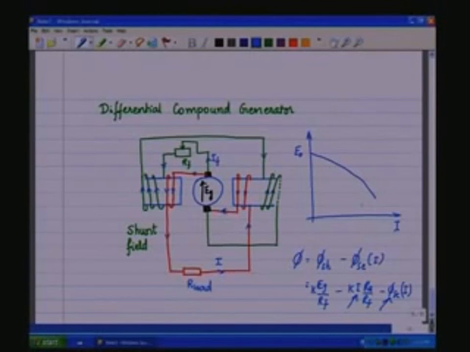This is generally used in applications where with load you want to limit the current such that you limit the short circuiting current if the load is very high, like in the case of DC arc welding applications. There you use a generator which is differential compound, so that as the load increases there is a sharp drop in the voltage to limit the short circuiting current.